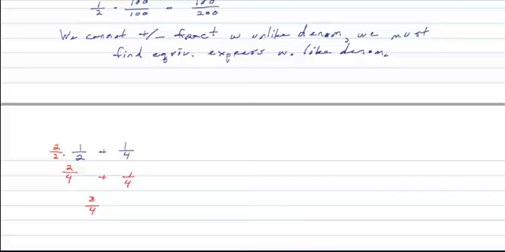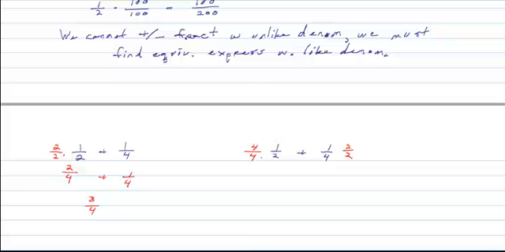Now let's take a look at this again. And this time we're going to take 1/2 plus 1/4. And we're going to multiply the numerator and denominator of 1/2 by 4, and the numerator and denominator of 1/4 by 2.